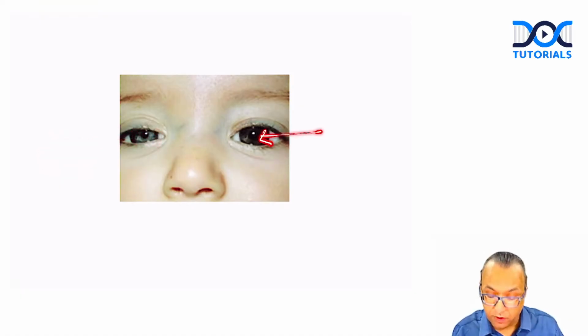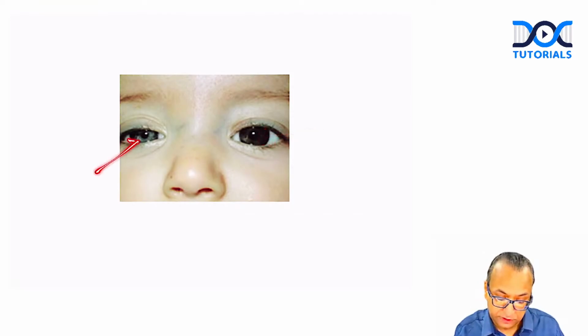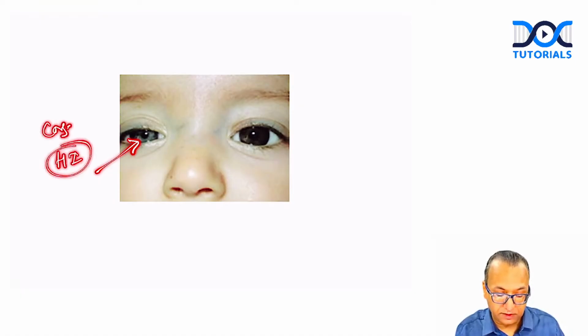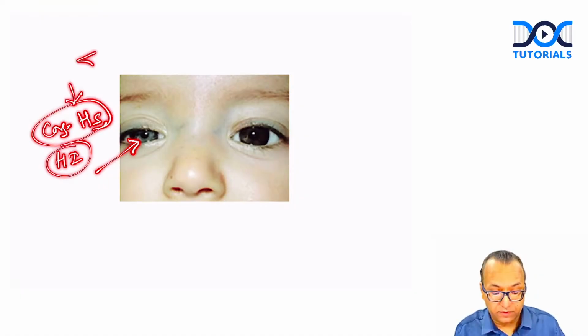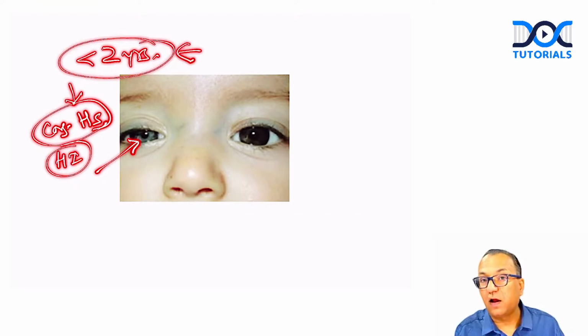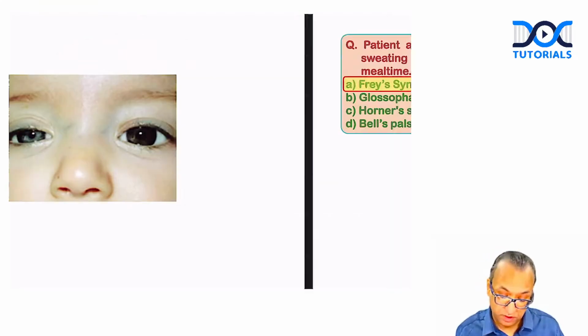See, this is brown color pupil, dark brown appearing like black, but this is blue-green iris. So heterochromia iridis, a feature of congenital Horner syndrome. This would have happened less than 2 years of age. So if the lesion happens before the age of 2 years, there will be heterochromia iridis also in Horner syndrome.